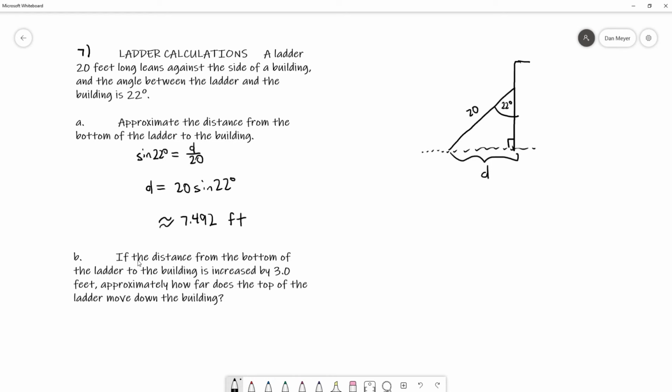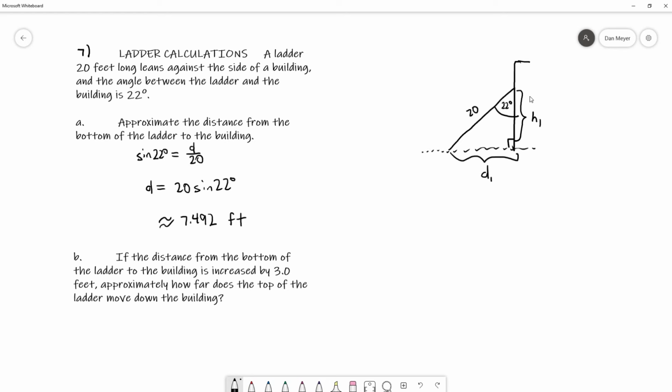B, if the distance from the bottom of the ladder to the building is increased by 3 feet, approximately how far does the top of the ladder move down the building? All right, so this is where there might be other more clever, efficient ways of getting the job done, but we'll call this D1 now, and this side height 1.